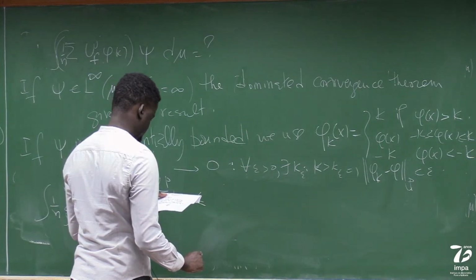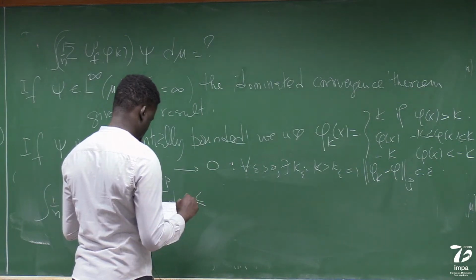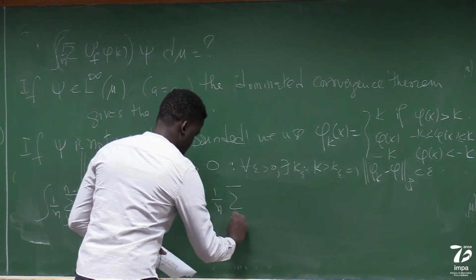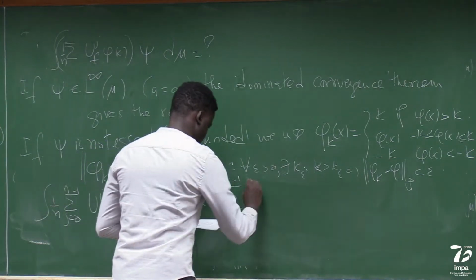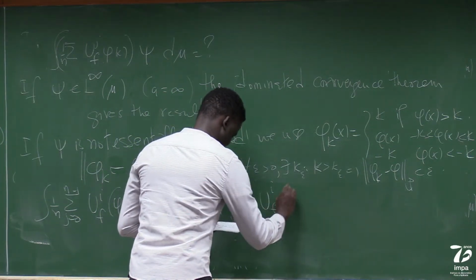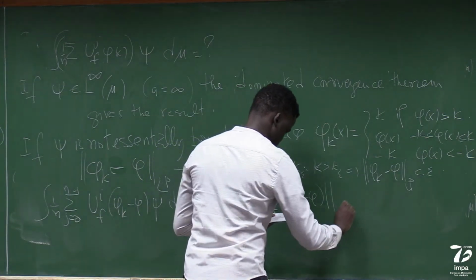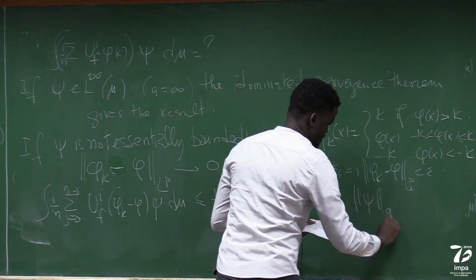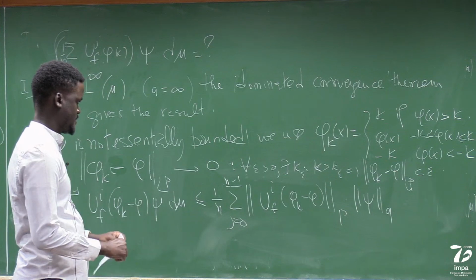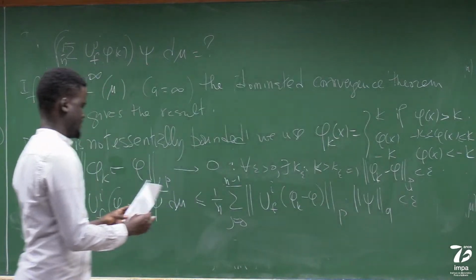This is less or equal to 1 over n, you use this Hölder inequality, the sum of the L^p norms of C_k minus C. And this guy is less than epsilon for k large enough.